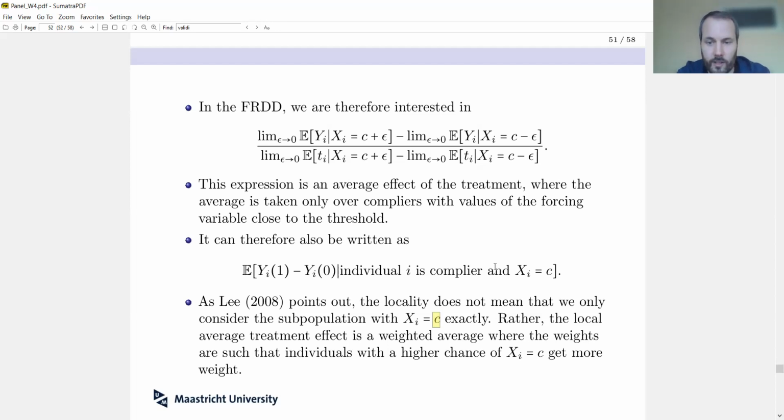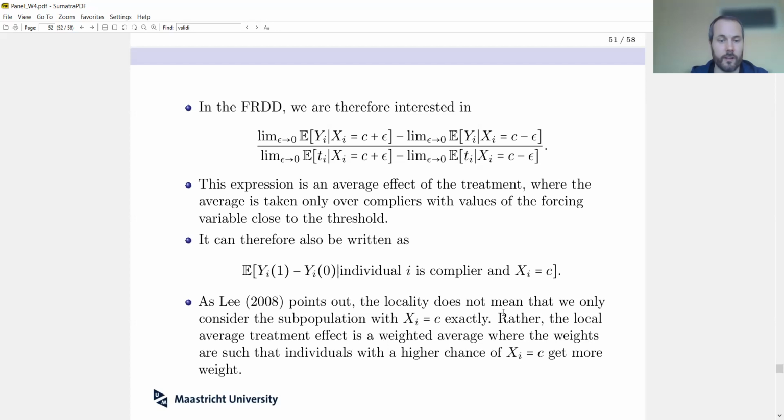Now, what that means, if we write this here, is that we're averaging, so the average treatment effect is a weighted average, and the weights are such that the individuals that are close to C, so that have a high chance of having X equal to C, get more weight, and those individuals that have a high chance to be far away from the cutoff in terms of their rating variable get very little weight.